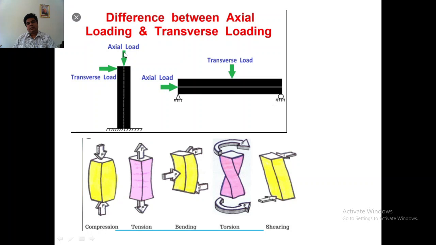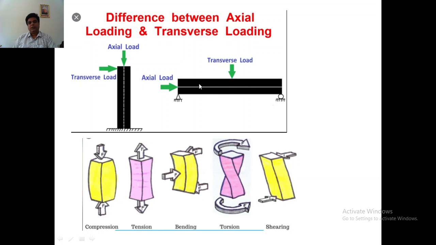So when the load is applied axially, I told you it is axial load. When the load is applied perpendicular to the axis of the component, it is called transverse load. The same thing applies to this member also, whereas this structure, the column, is vertical and this structure is horizontal.